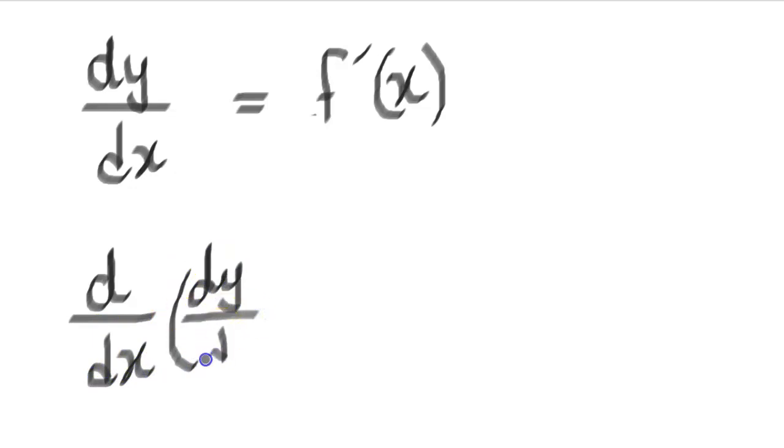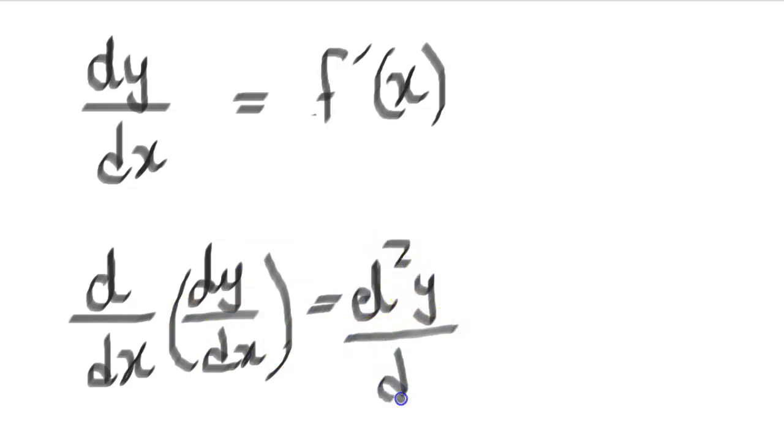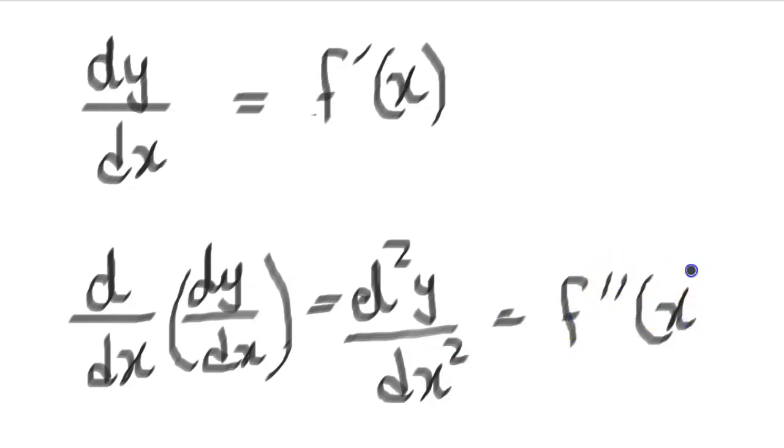I'm just differentiating it again. This becomes d squared y over dx squared, and it's also written as f dash dash x. That's a second differential. For a third differential, there will be more dashes.